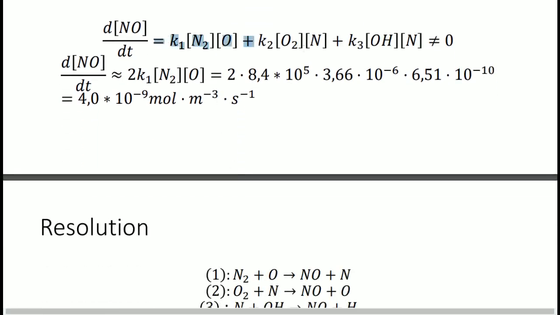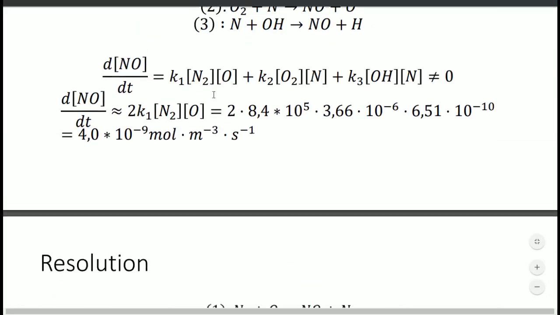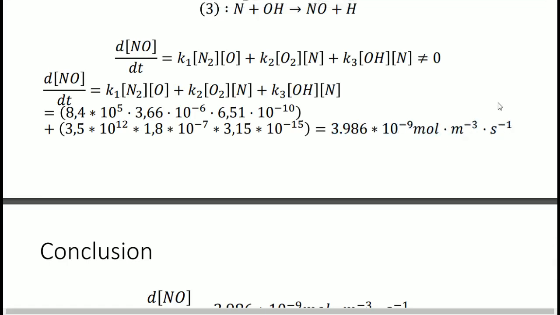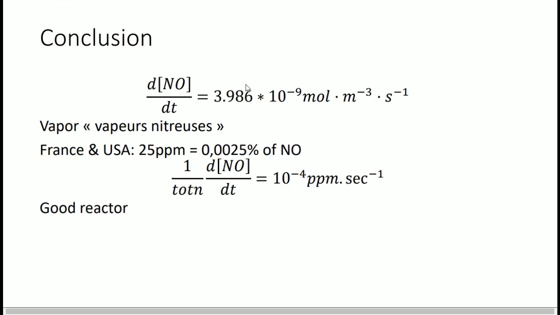But if you do it properly, which I did because I wasn't sure that this was correct, we get 3.98 with the same order as previously said. So we get this result here.